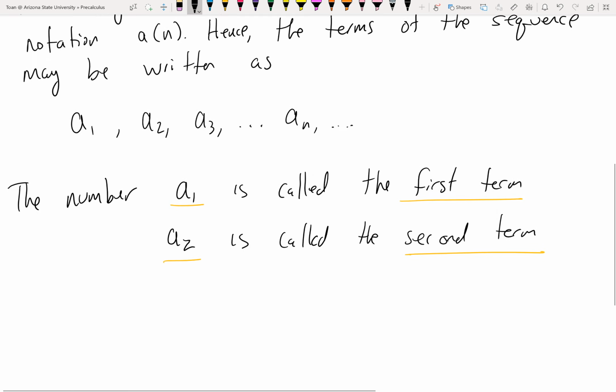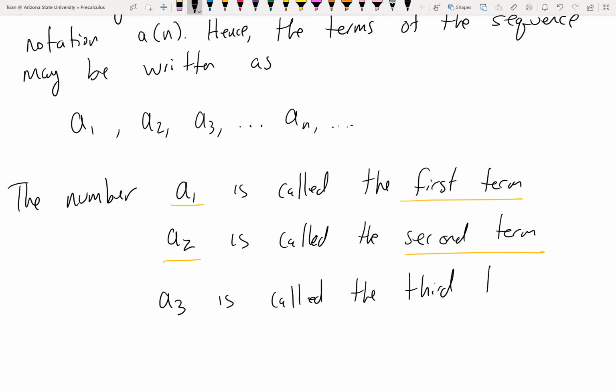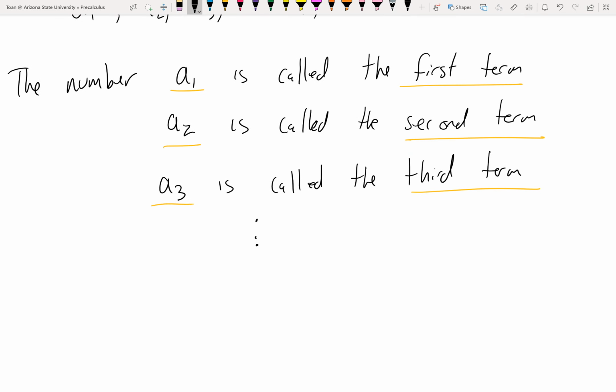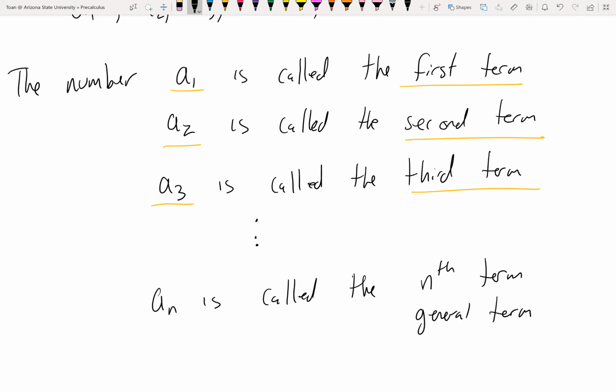A sub 3 is called, you guessed it, the third term. And so on and so forth, dot, dot, dot, until you get to a sub n, which is called the nth term. It's also called the general term. So this guy here has two names. This is called the nth term. Actually, I'll use a separate color for him. He's sort of special. Or the general term.